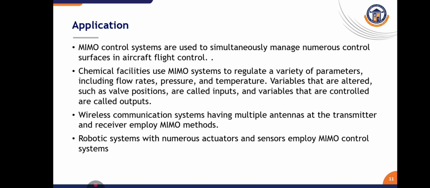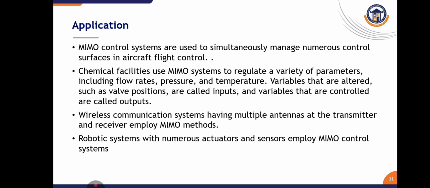So coming to the applications of MIMO systems, they are used to simultaneously manage the numerous control surfaces in flight control. Chemical facilities use MIMO systems to regulate a variety of parameters, including flow rates, pressure, and temperature.